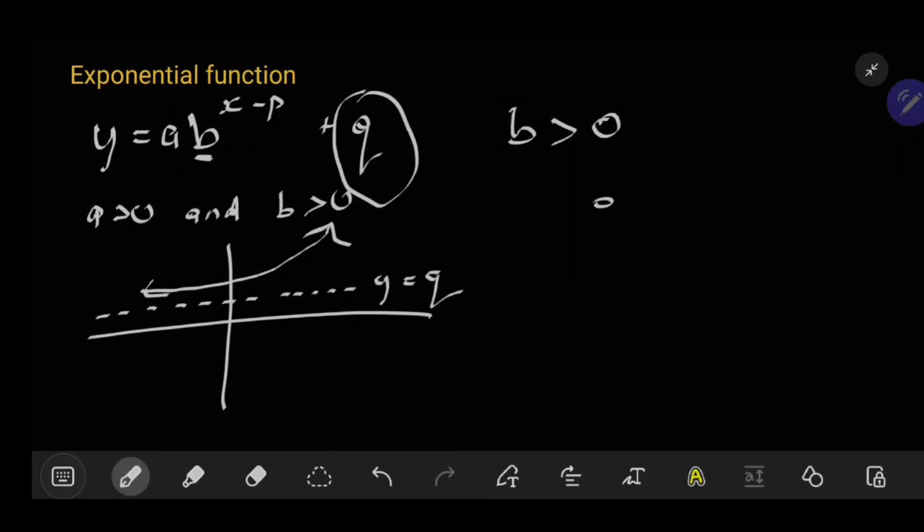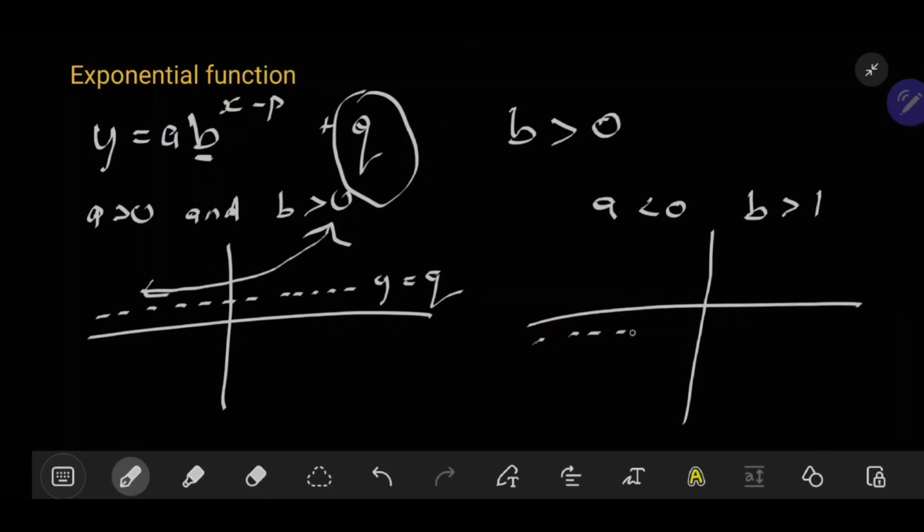But if our value of a is less than 0 and our b value is greater than 1, then we're going to have a shape like this. We're going to have an asymptote somewhere around here, and then our graph will decrease this way.